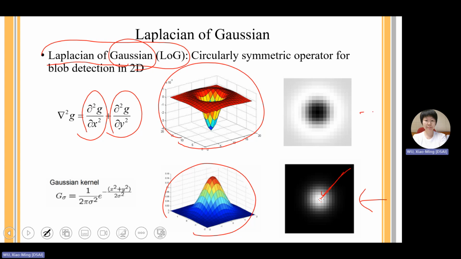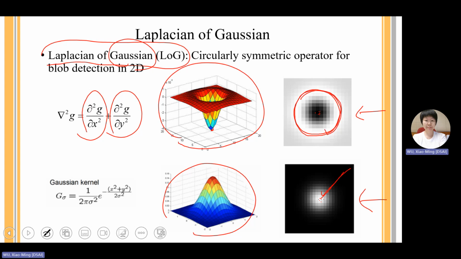What can you observe for the LOG function? When is the maximum value achieved? And at which place is the lowest value achieved? At the center. The lowest value is at the center, while the maximum value is achieved along this circle.